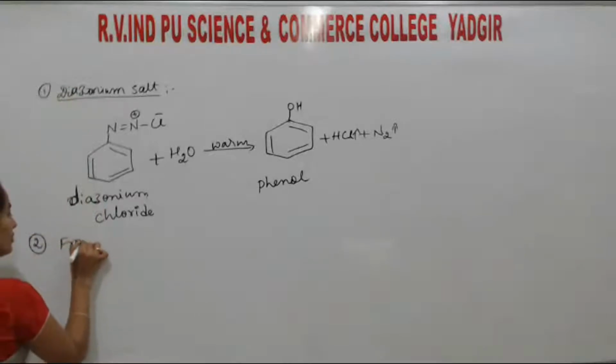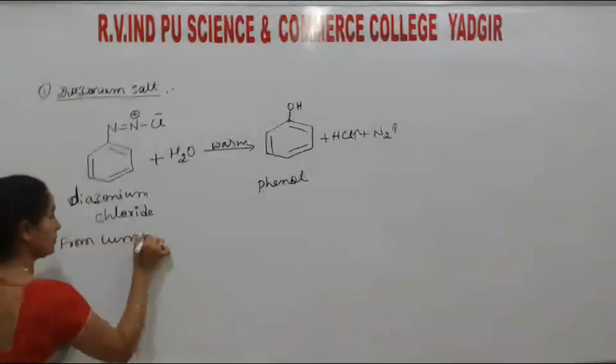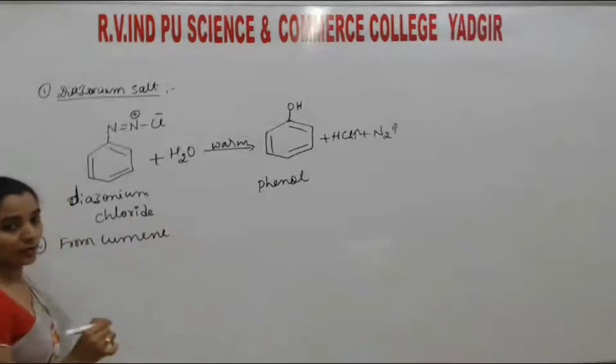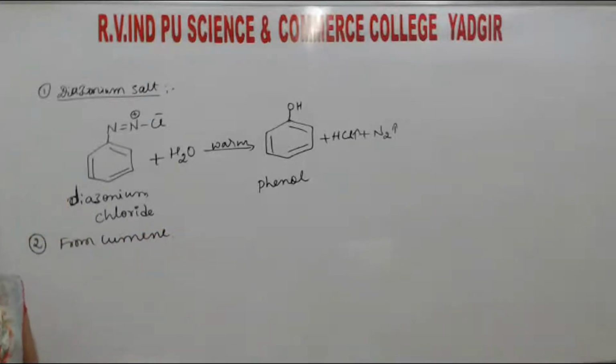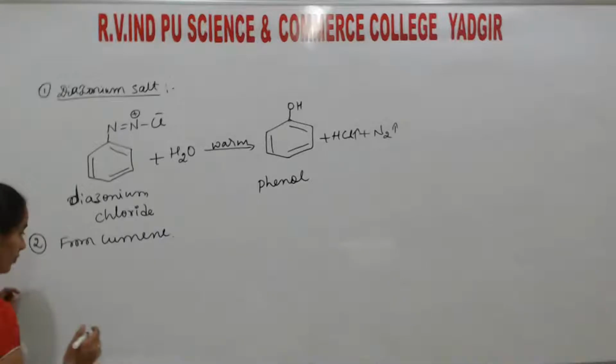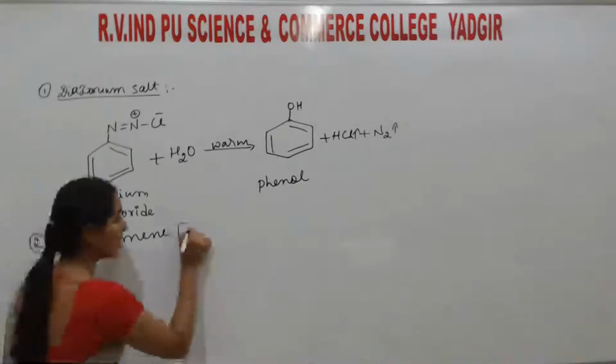Second one is from cumene. So what is the structure of cumene? It is isopropyl benzene.